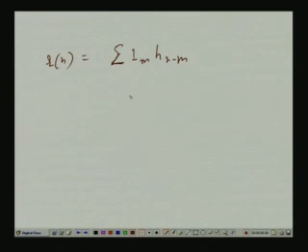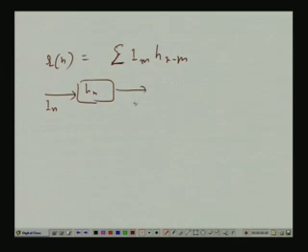Okay. That means the equivalent model is this: you are transmitting a sequence I n, there is a channel whose response is h n, and you are getting this R n. Maybe since I am putting everything in subscript, let me put this also in subscript. So, R n is no longer I n.